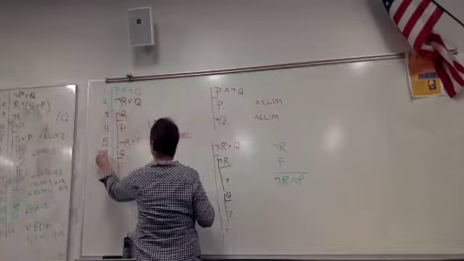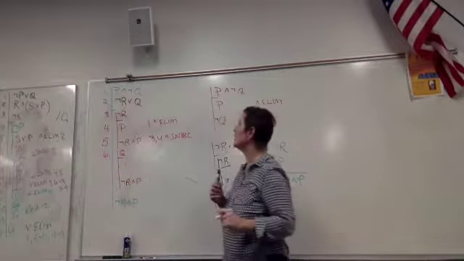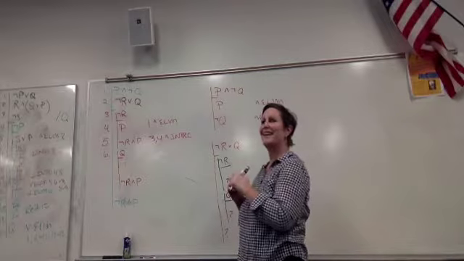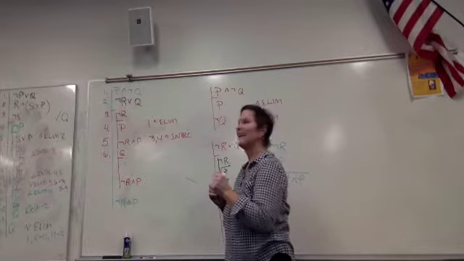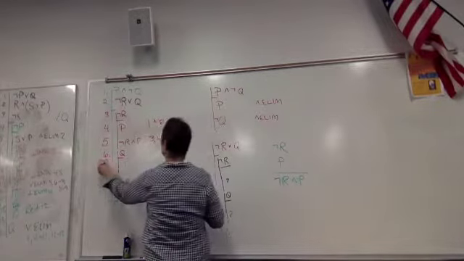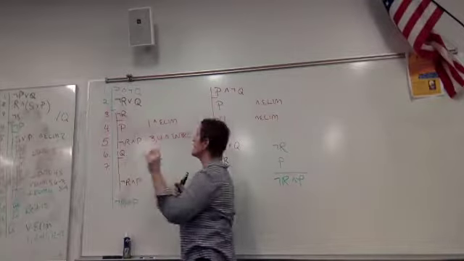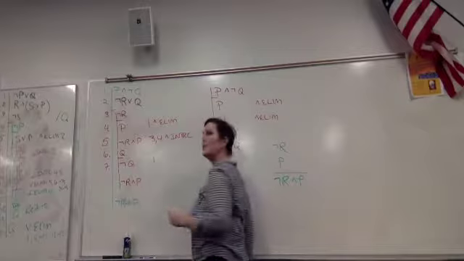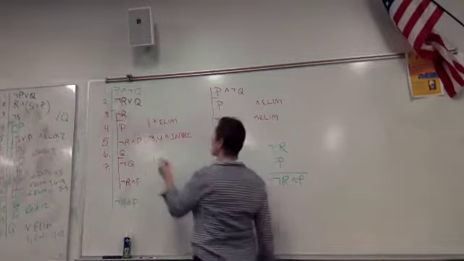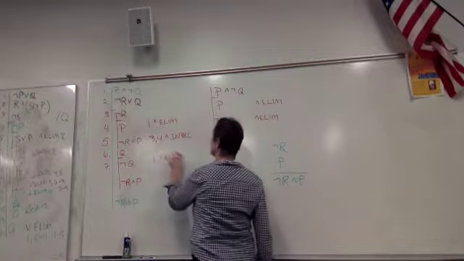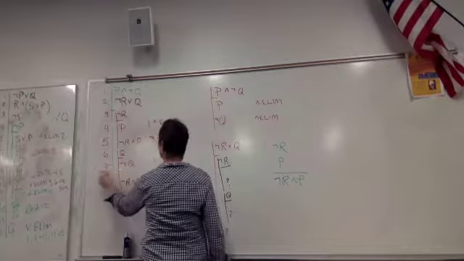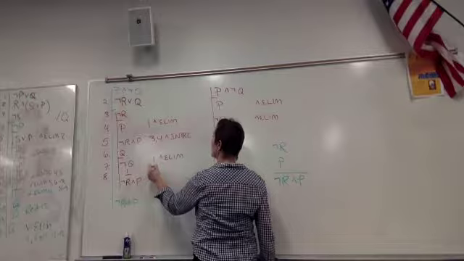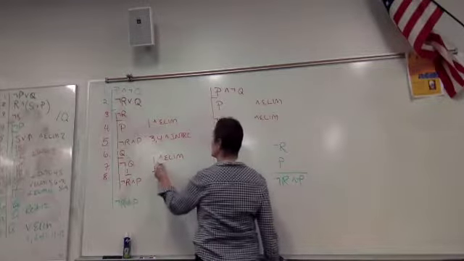So now we're ready for the next animal, Q. Okay, now we're ready for Matthew's what? Yeah, so we're going to pull down, you're one step ahead. You're going to pull down not Q from line 1. What's the rule? Conjunction elim. And then that means that Q and not Q are contradictories.